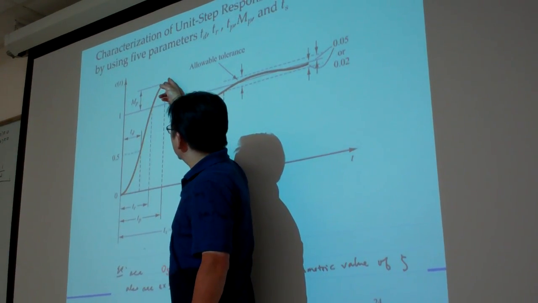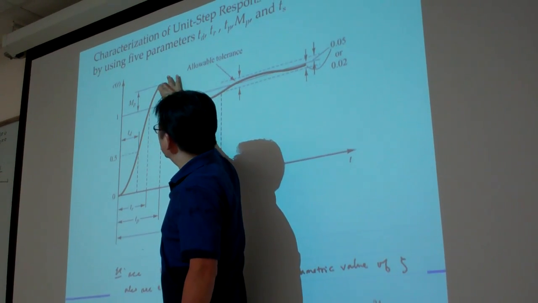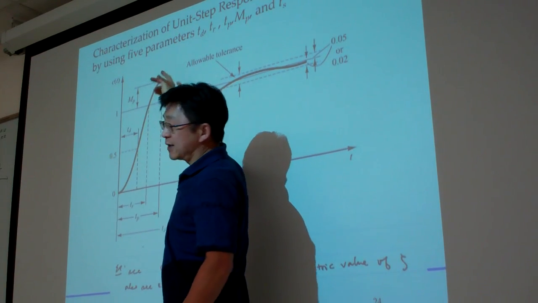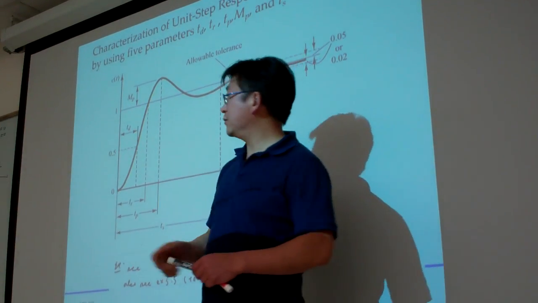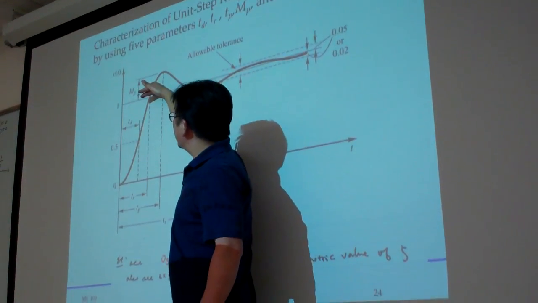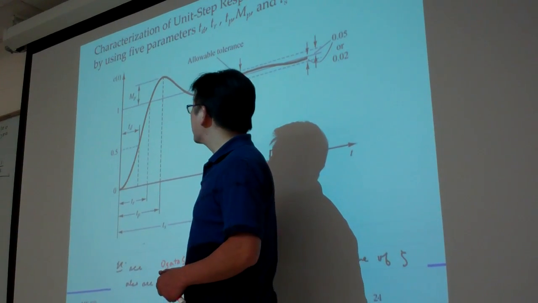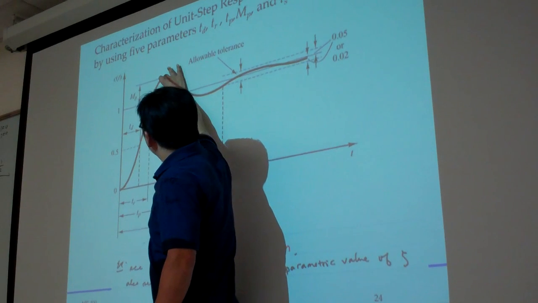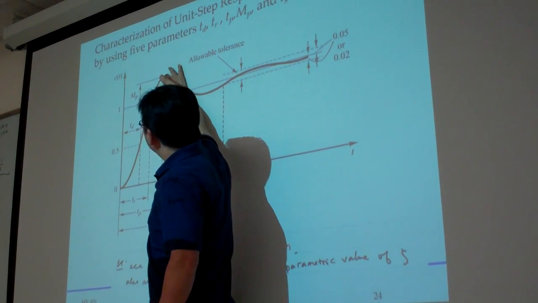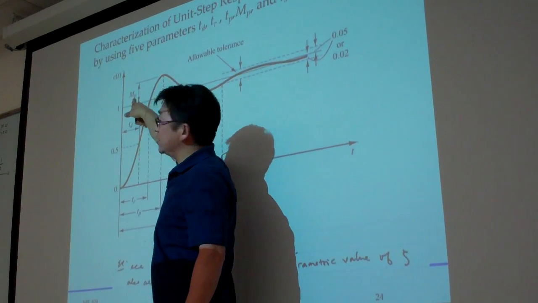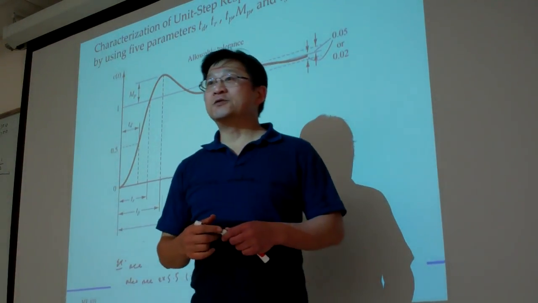So from here we say this is an overshoot. Here is another keyword: as long as the value is over the command, we say that's overshoot. The maximum value of the overshoot is called Mp. Mp is the magnitude of the peak.